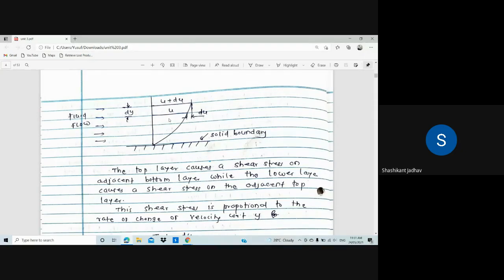There is a solid boundary, and on that boundary the fluid is moving. All of you draw this diagram.